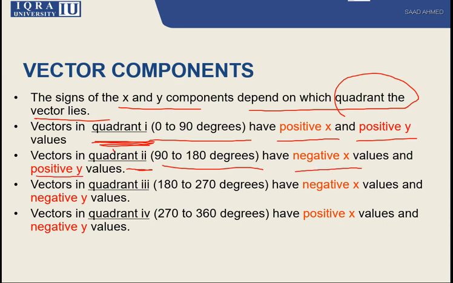Third quadrant, 180 to 270, negative x with negative y, and the fourth coordinate, that is 270 to 360 degrees, positive x and negative y. I told you before, first coordinate is plus plus, meaning x is plus and y is plus. Second coordinate is minus plus, that is x is negative, y is positive. Third is minus minus, and both the x and y components are negative.